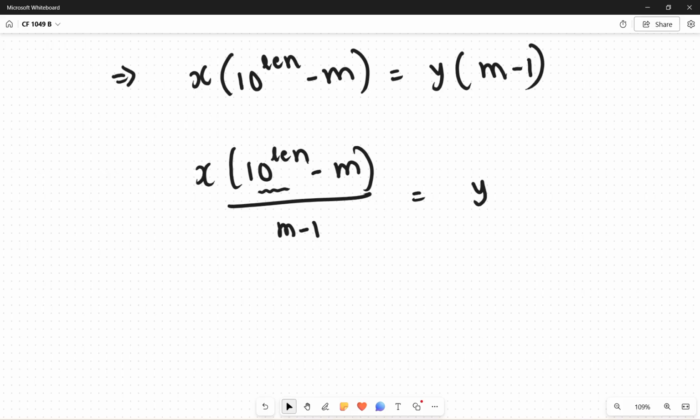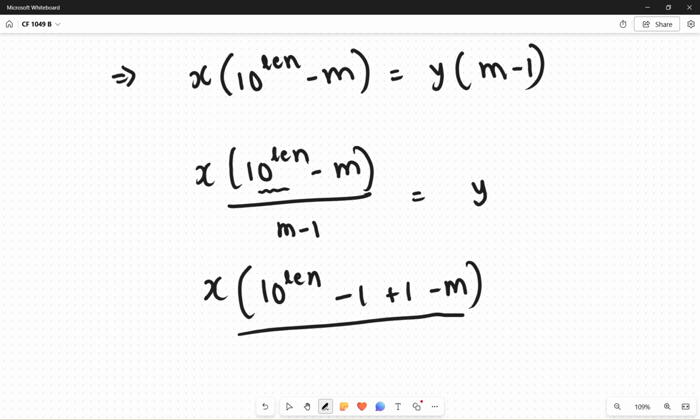We have reached here, and for some students in their JEE days, the Joint Entrance Examination days, if you see these types of things, you might be tempted to do plus 1 minus 1, right? So x into (10 to the power of length minus 1 plus 1 minus m), divided by (m minus 1), is equal to y.